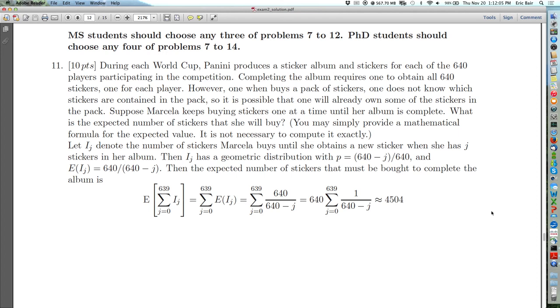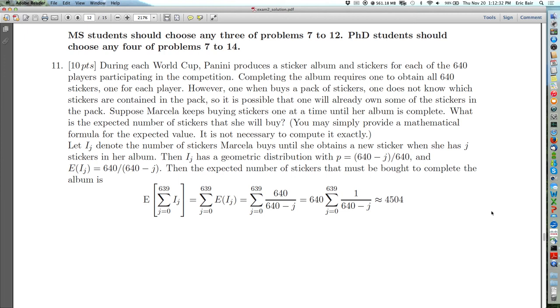So you can think of this as a sequence of geometric random variables where the probability of success is just 640 minus j divided by 640 once you have j stickers in your album. So then you can use the same trick from the previous problem. The total expected value is just the sum of the expected values of each one.